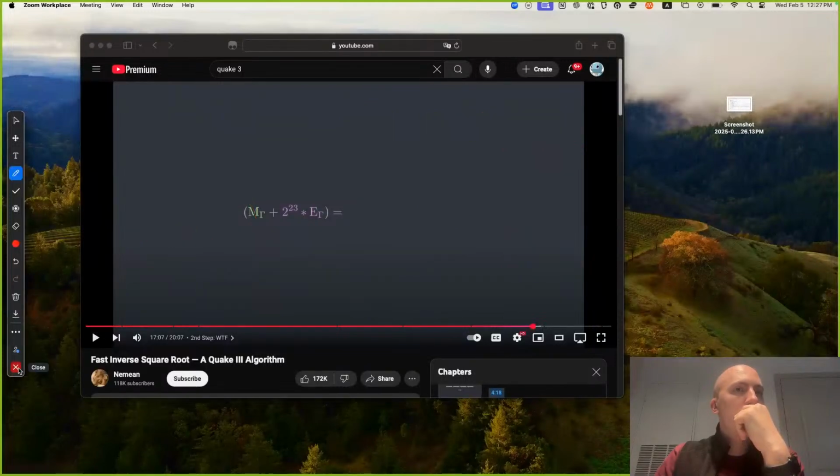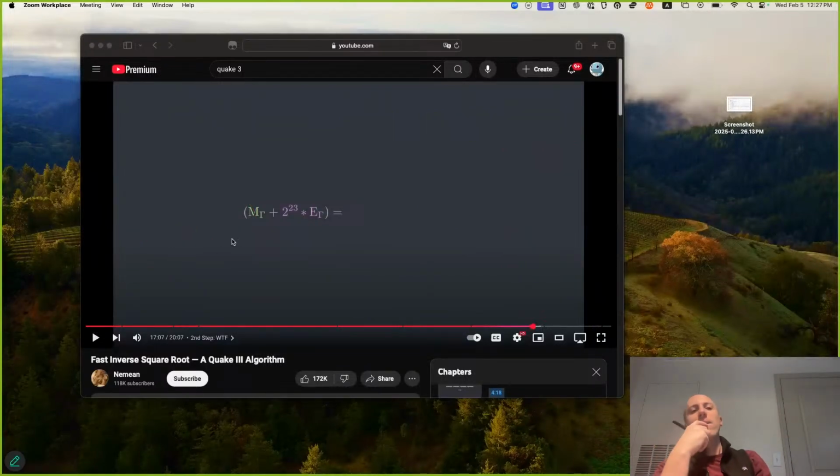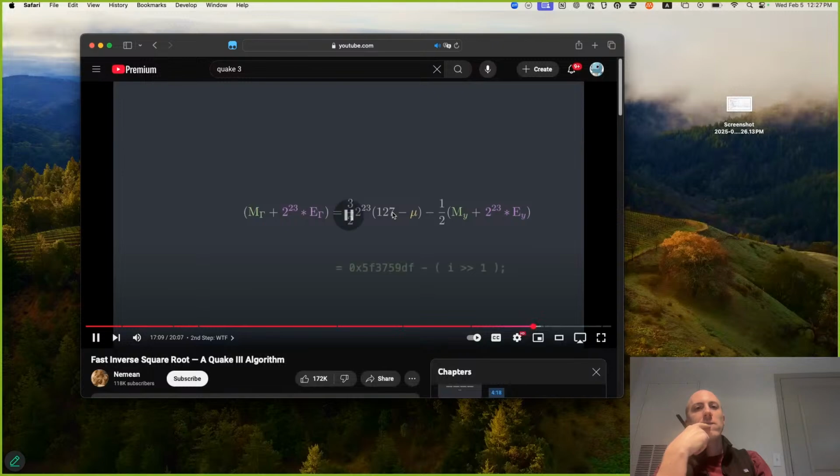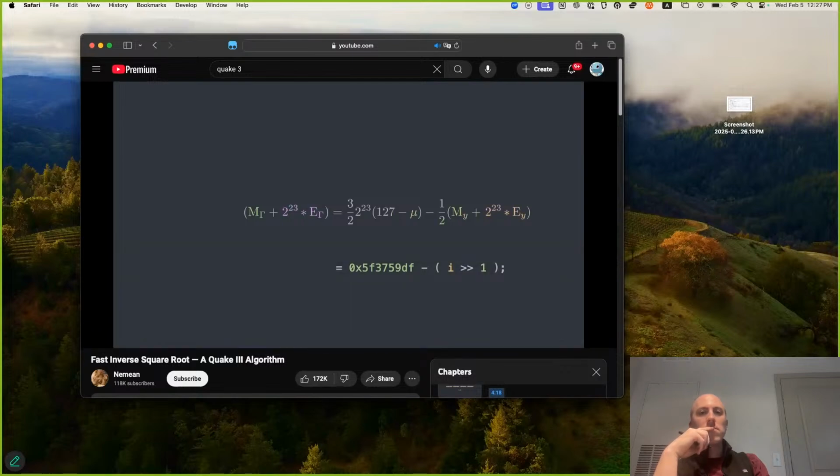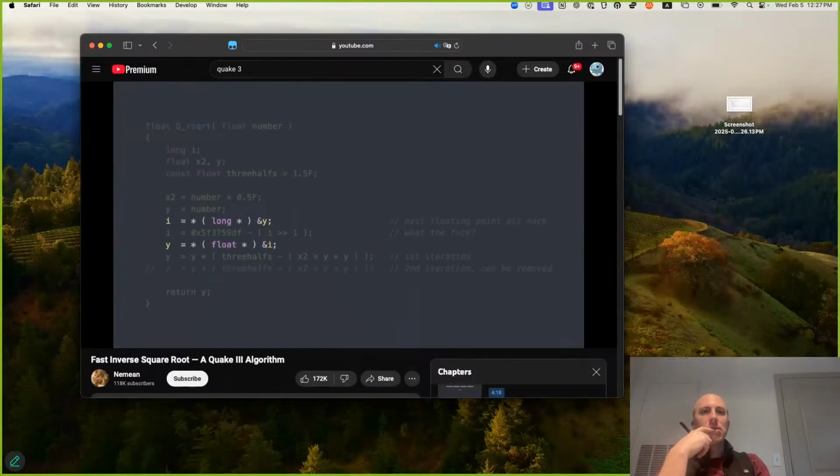So weird. The magic number turns out to be the remnants of the error term mu, the scaling factor, and the shifting. Now we have the bits of our solution, and we can just reverse the steps from the evil bit hack to get back the actual solution from those bits. Well, actually, not the exact solution.